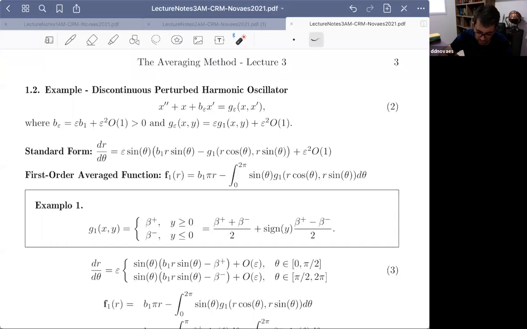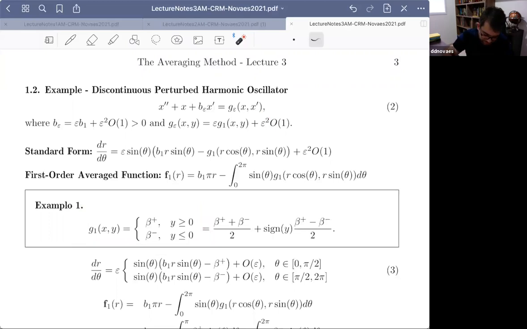Here, if we allow discontinuities, then we will see that a periodic solution appears in a first order analysis, even if we assume that our perturbation is a piecewise constant function.